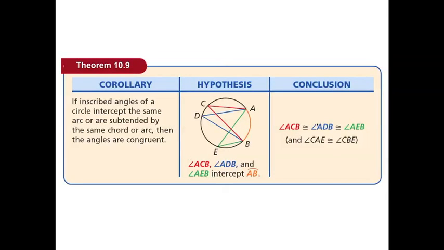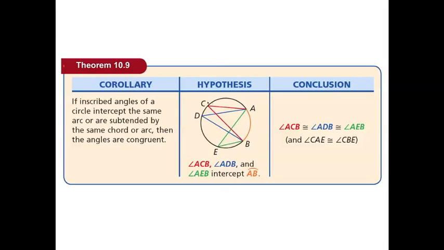Okay, now what we have here is theorem 10.9, and basically what it's telling us is that I could have 100 inscribed angles here, but if they all intercept the same arc, so this red inscribed angle intercepts the gold arc here, AB, the blue inscribed angle intercepts the same gold arc, AB, and the green inscribed angle intercepts the same gold arc, AB.